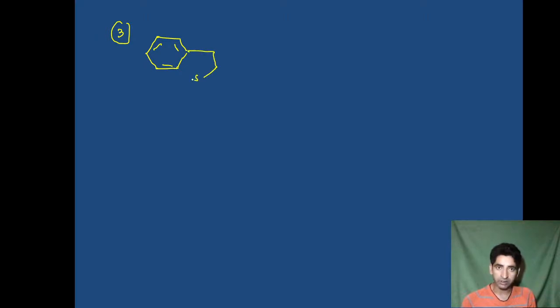Now let us take the third example. This is a very important example for the CSIR NET exam. Let me draw this type of example. So this is the example over here. This is an aromatic system and it is attached to thiophene. Now this is thiophene, and to this thiophene at this position we have one more group over here.